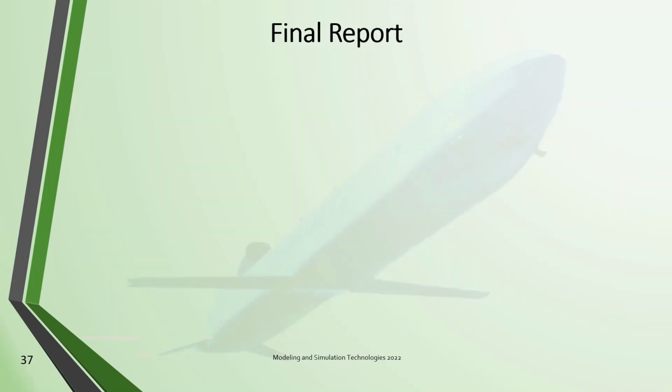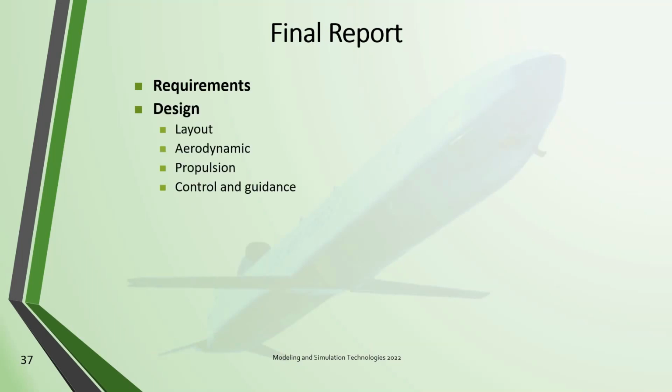So when that is all done, the students prepare a final report. They will summarize the requirements, their design in terms of layout, the aerodynamics, how they got them, what kind of turbojet, their control and the guidance selection.